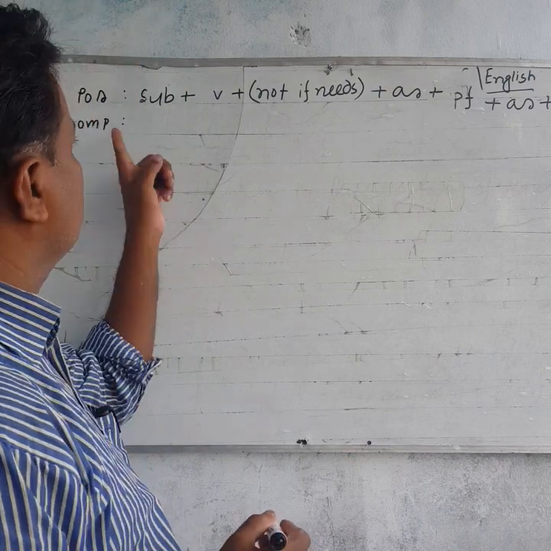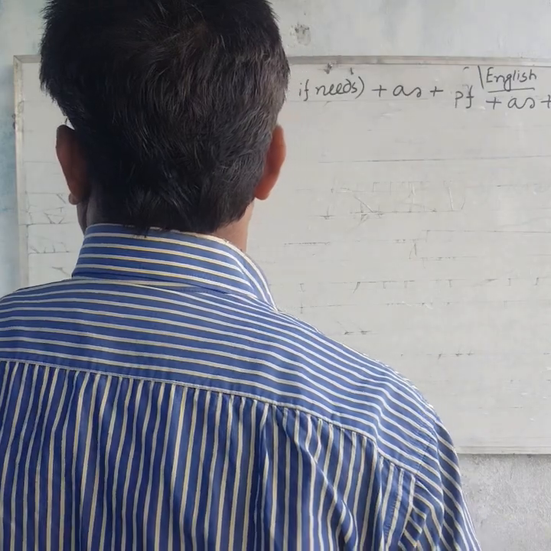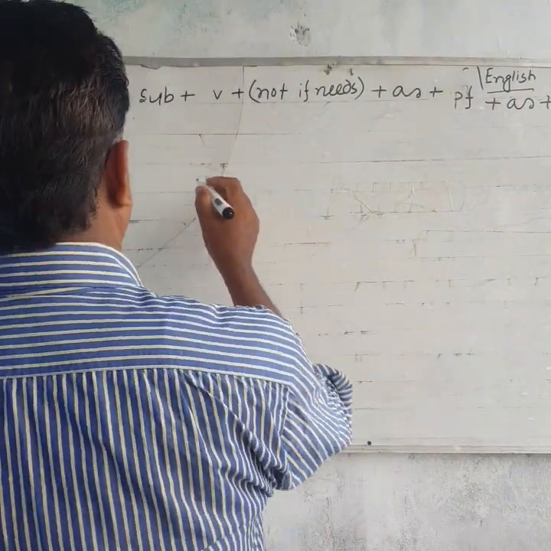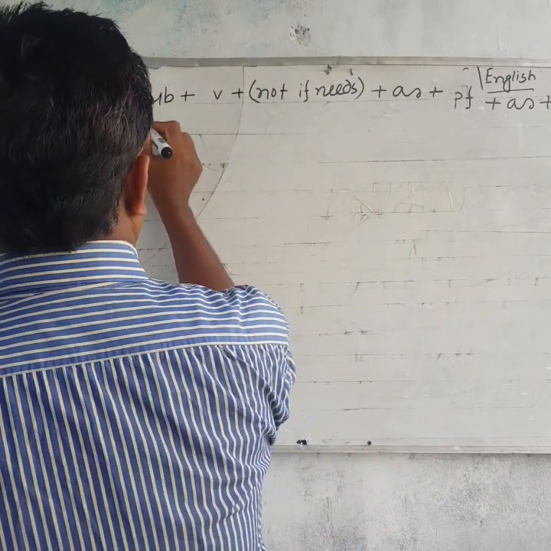Right now, positive forms, then comparative. We have to first write object.